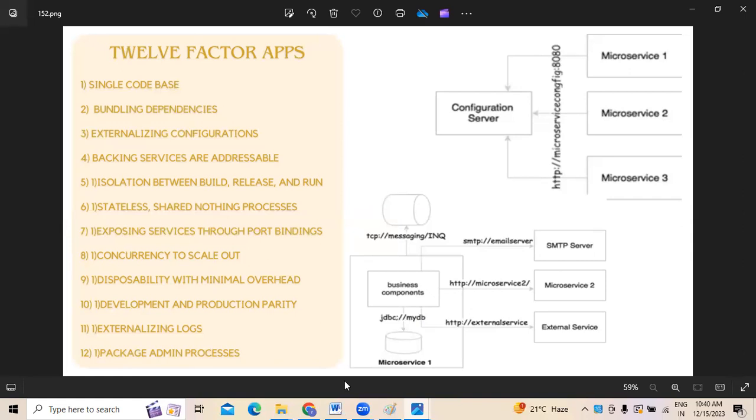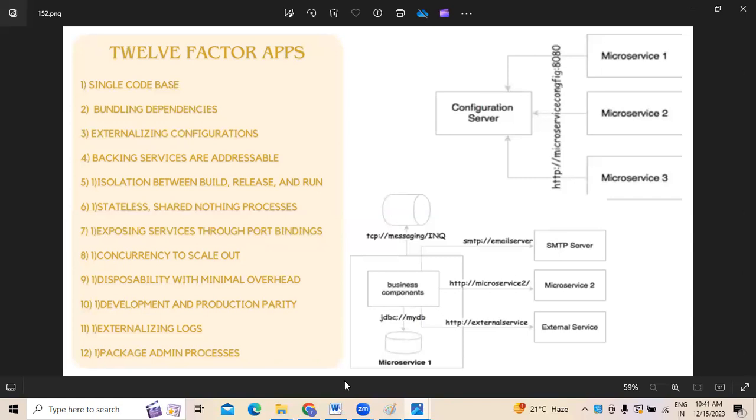So this is the third point. These 12-factor app rules are majorly useful when we are implementing new applications, because nowadays whatever applications we work on are all in microservices architecture.